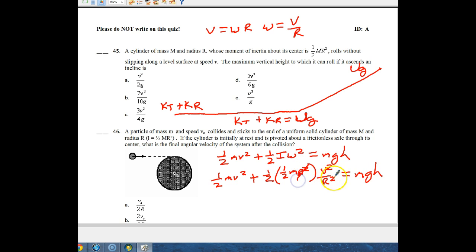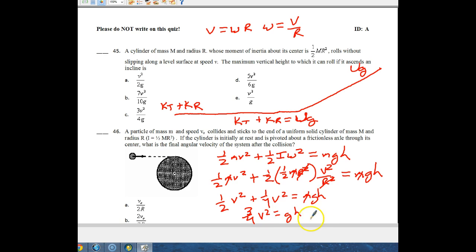We can now cross off the r squareds. We can cross off all of the masses, and we can rewrite what we have. It'd be 1/2 v squared plus 1/4 v squared is equal to gh. This needs to be over 4, so it's going to be 2/4 plus 1/4, which gives us 3/4 of v squared is equal to gh.